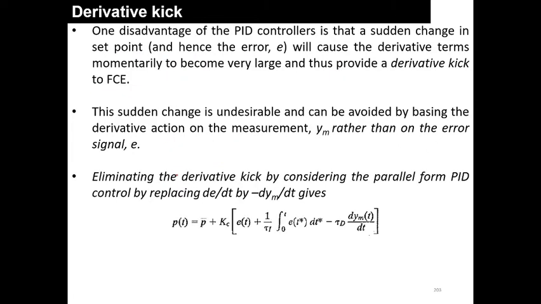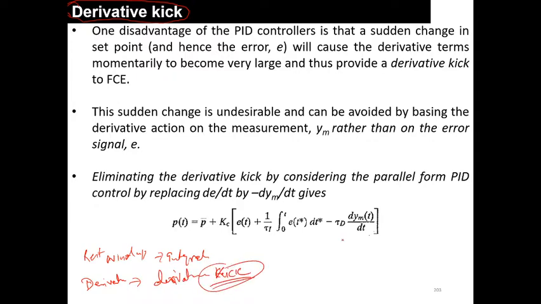Now come to the next, which is very important: the disadvantage of the derivative controller. As we have seen in the integral controller, there is the problem of reset windup. However, in the derivative controller, the derivative kick problem will occur. How does the derivative kick come?